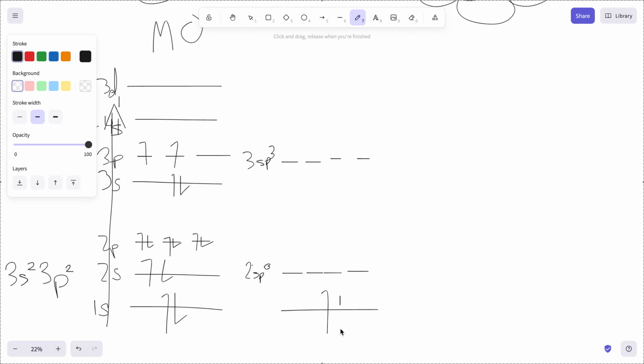And so we can fill it up again. 1s, nothing happens to it, but 2sp3 will have 8 electrons. And 3sp3 will have 4 electrons, which occupy like that.